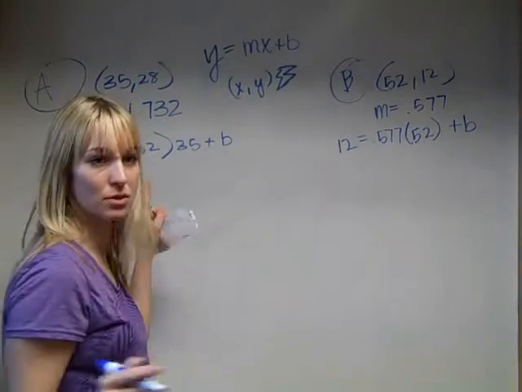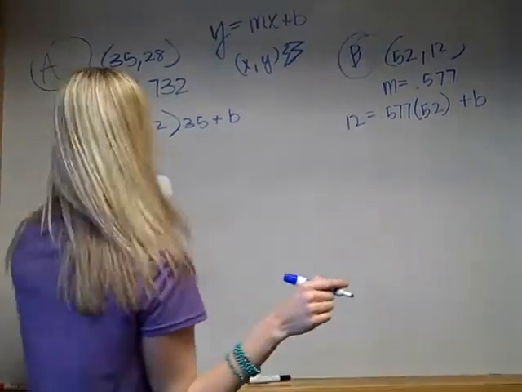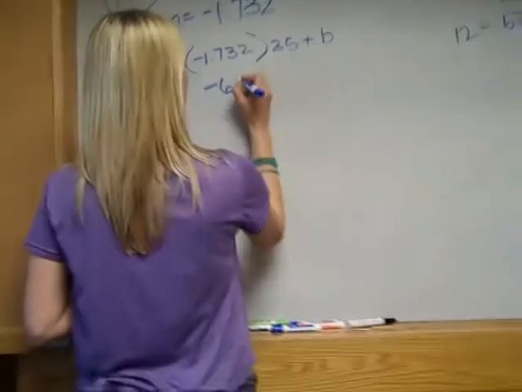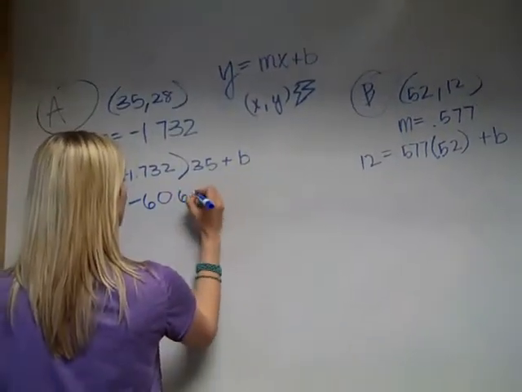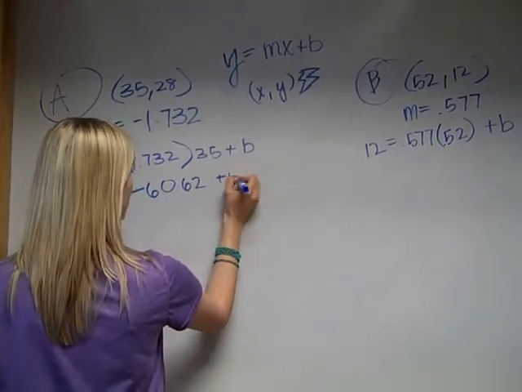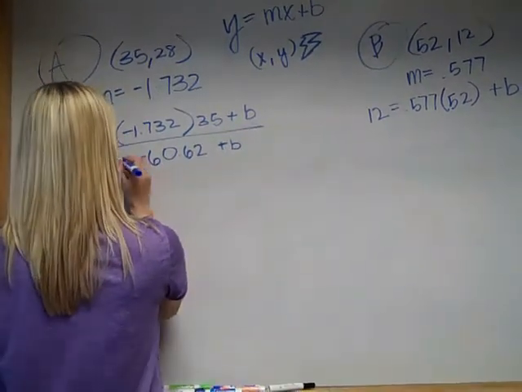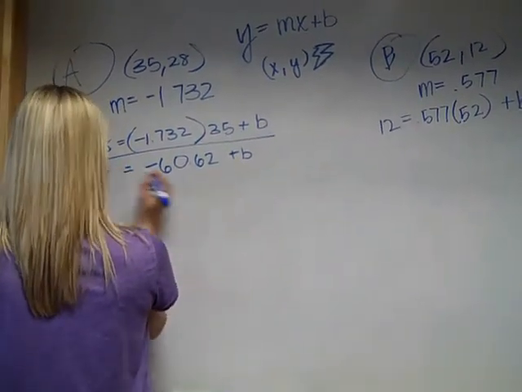If someone wants to do this on a calculator for me, what is negative 1.732 times 35? Negative 60.62. Then we drop all this down, which is equal to 28.